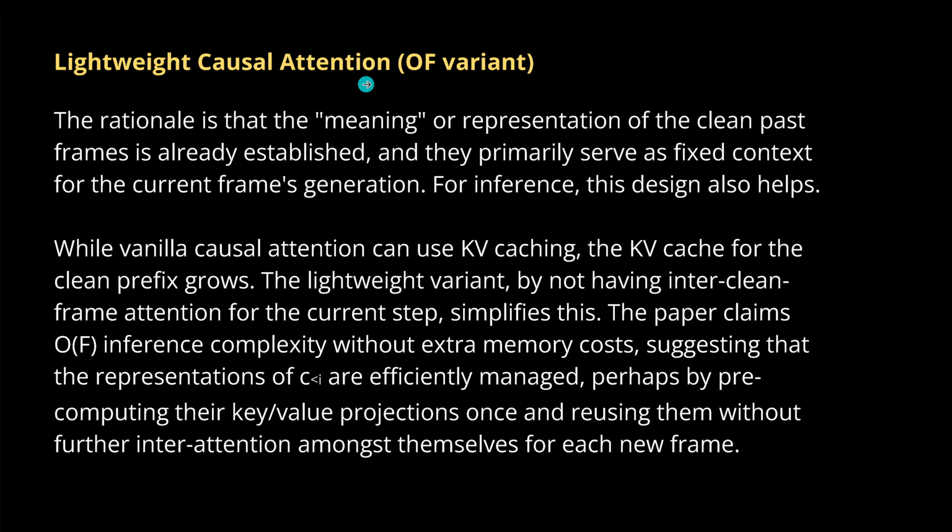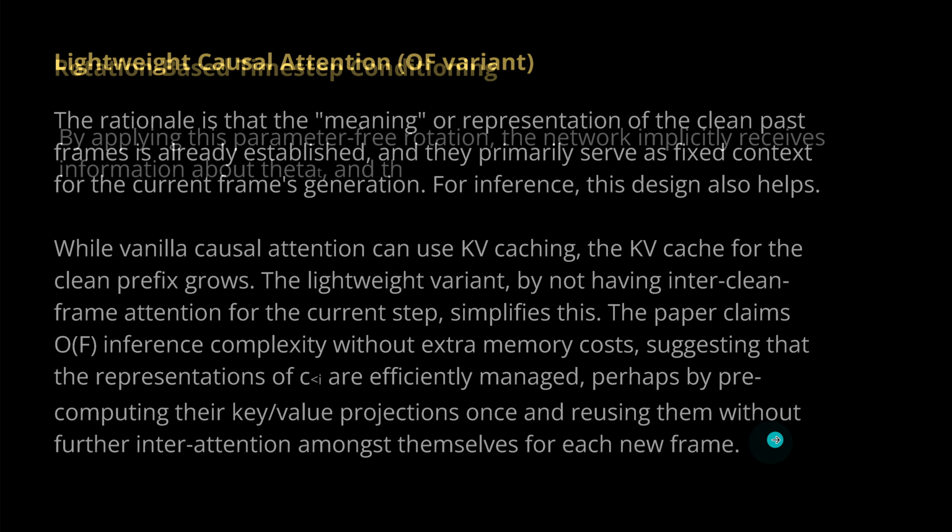The causal attention, the simplified version here, is that we say, okay, we don't have to compute the complete complexity because we don't have this extra memory cost, but we go with a pre-computing of key value projection once and reusing them, without further inter-attention amongst themselves for each new frame, is the way to go.